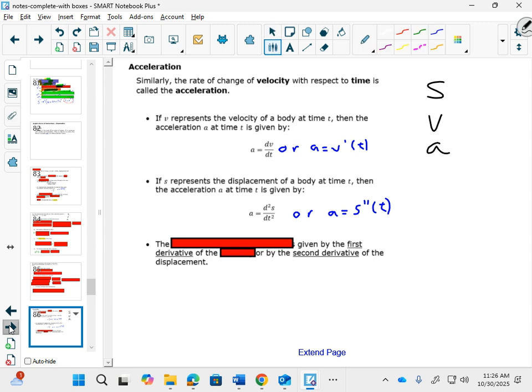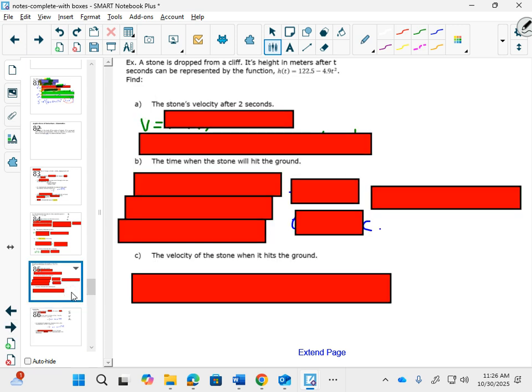If we would go back and look at your grade 11 textbook, you had parabolas, and someone would take something and throw it up in the air, just like this last question, in fact. Let's look at this last question. This is like a grade 11 question. A stone is dropped from a cliff. Its height is given by this equation. So you could have graphed this and found its vertex, and so on.